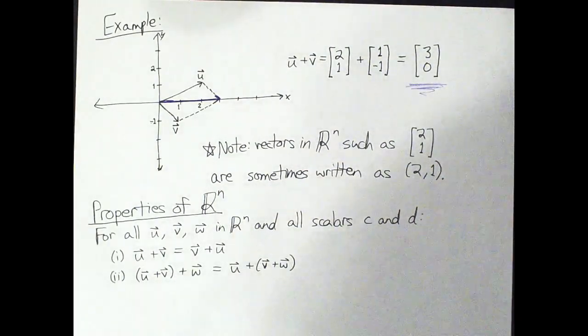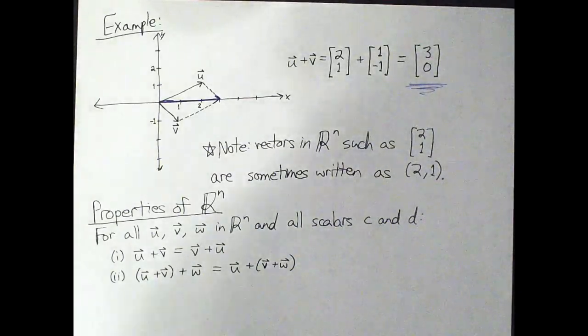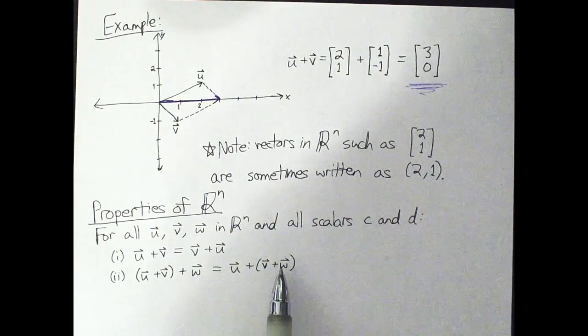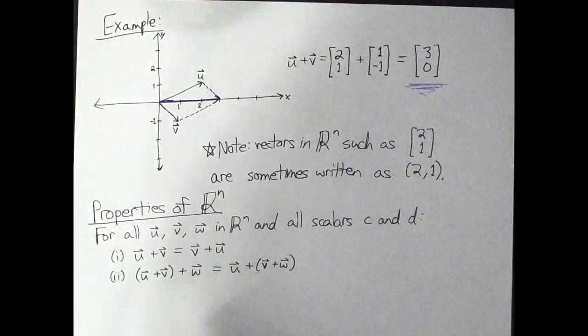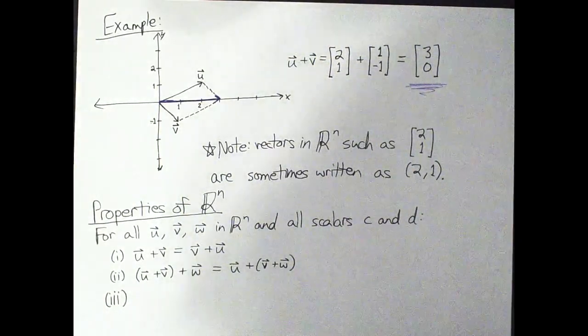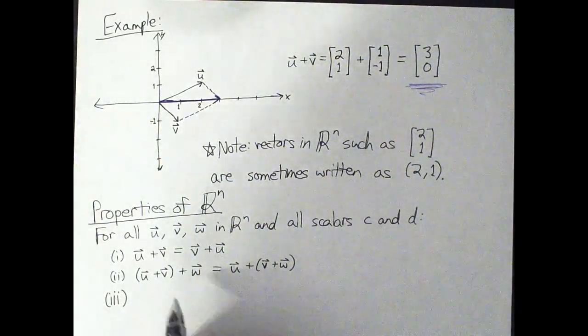And we're saying that they are the same. So the parentheses tell us which thing to do first. The property is telling us it doesn't matter whether you add u plus v first or add v plus w first. Either way, you're going to get the same result. Some of these might seem like common sense.